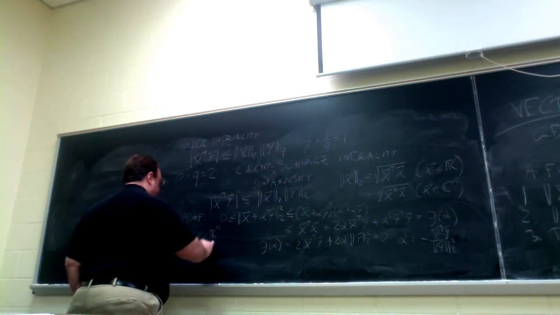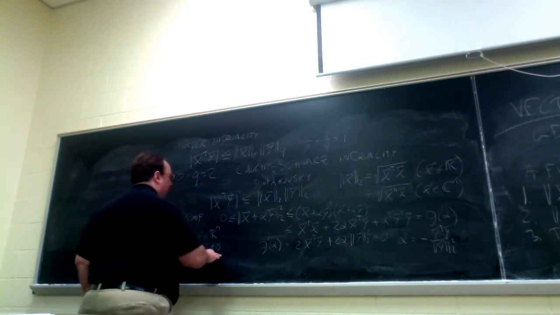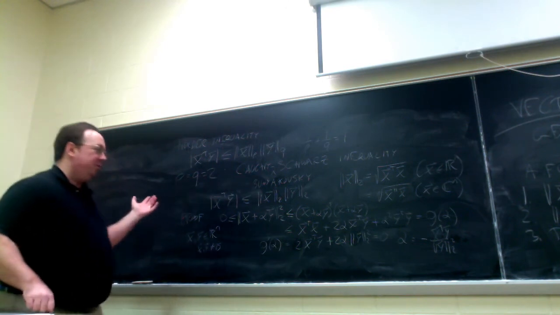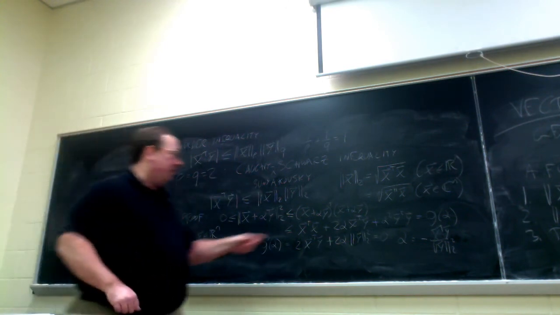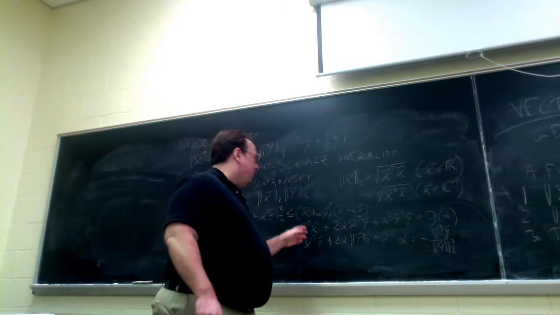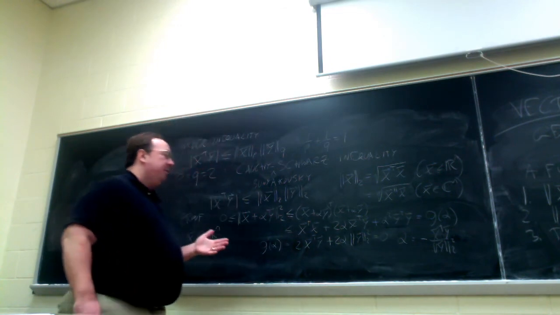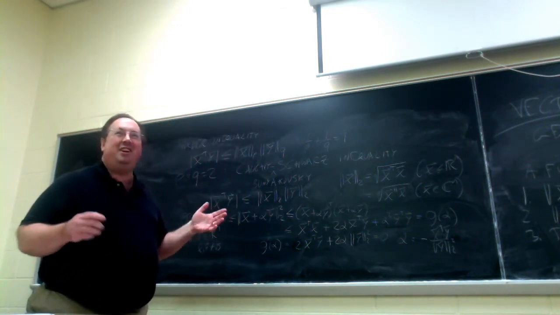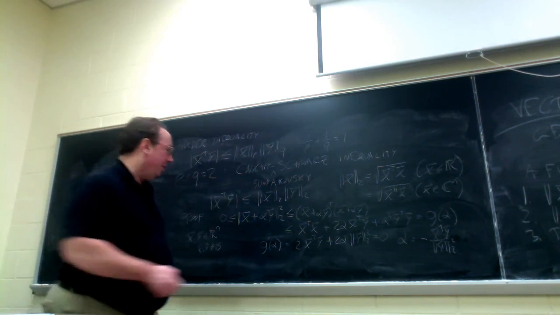I'm going to put assumptions in here that these vectors are non-zero. If the vectors were 0, then of course this would be trivially true. But I definitely need y to be non-zero for this. So this is a quadratic function of alpha. It has a unique minimum, so we could have just done it in a more college algebra-like way, like finding a vertex of a parabola, but whatever.